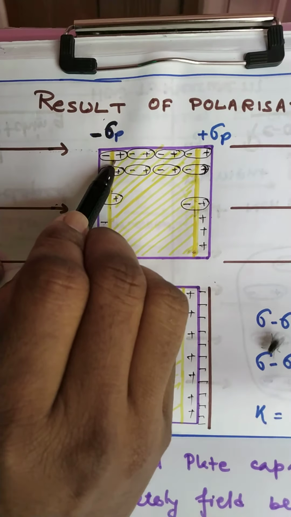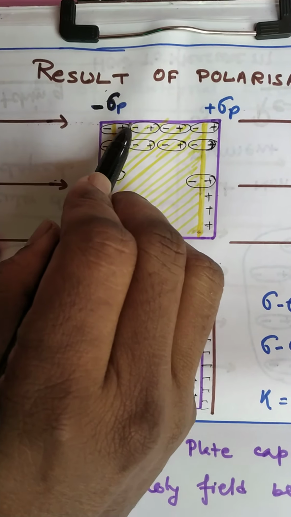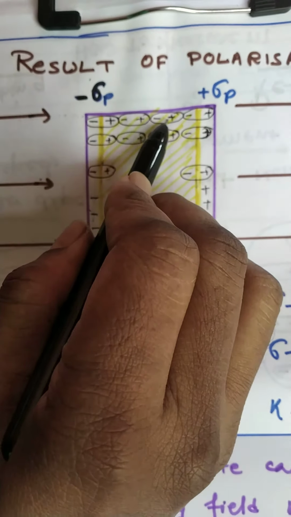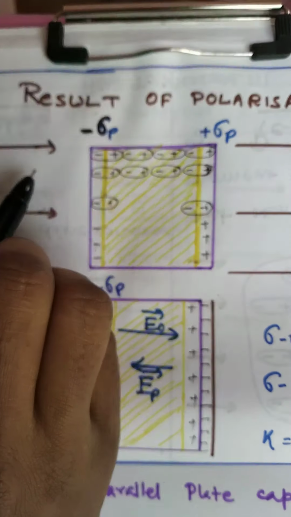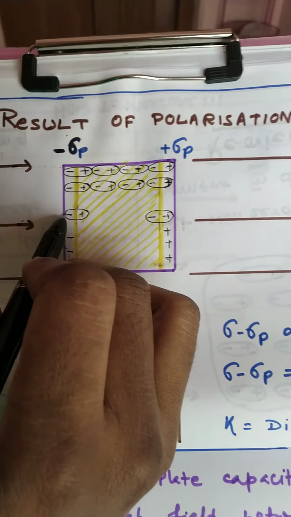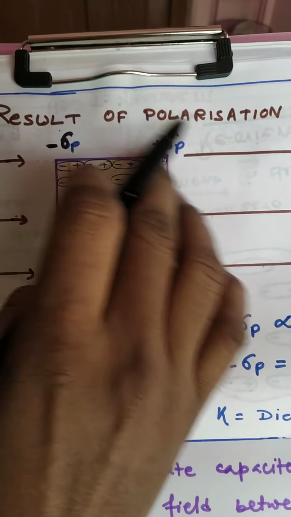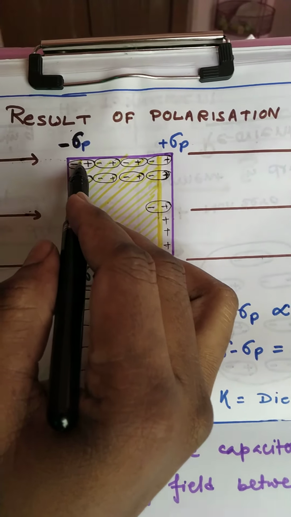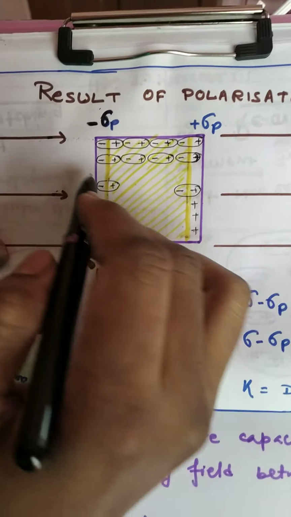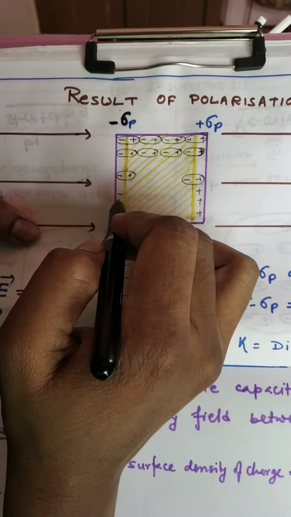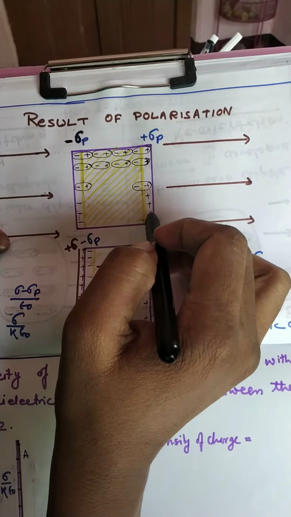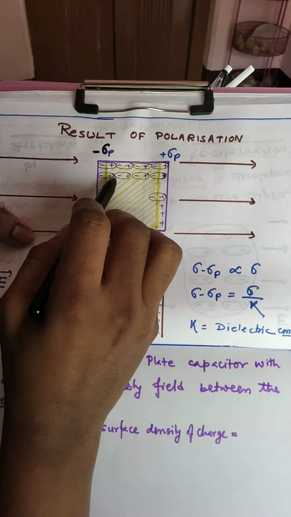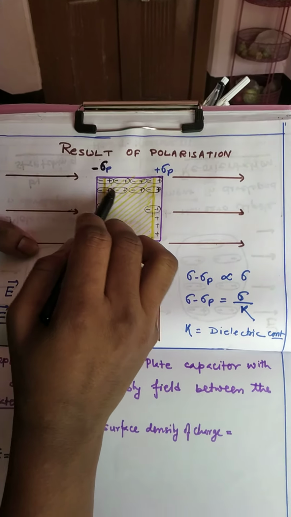The molecules take a form like this. They are aligned like this: negative, positive, then negative, positive, then negative, positive. Now see, just on the surface, what is the collective effect? Let us conclude like this. In this volume, you see, a layer of negative charge is left here and a layer of positive charge is left there, and the inside becomes neutral.